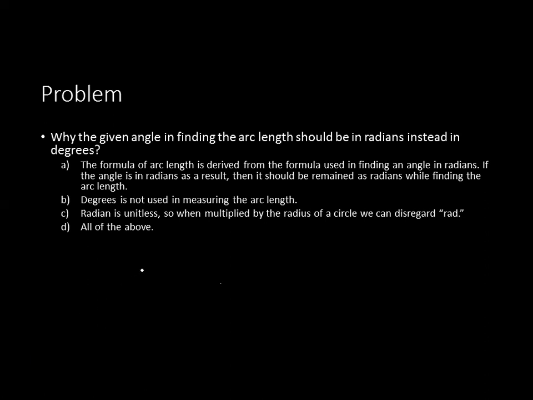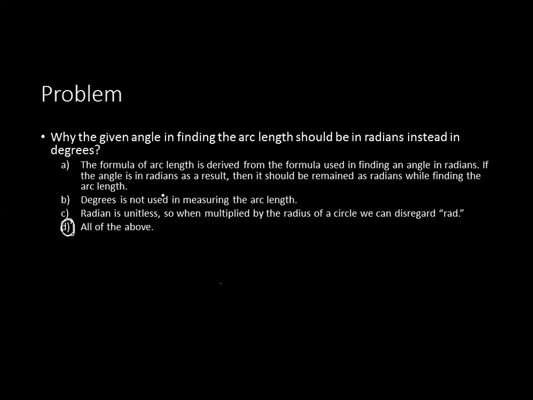B. Degrees is not used in measuring the arc length. C. Radian is unitless, so when multiplied by the radius of a circle, we can disregard radian. D. All of the above. What do you think is the answer here? The answer here is all of the above.